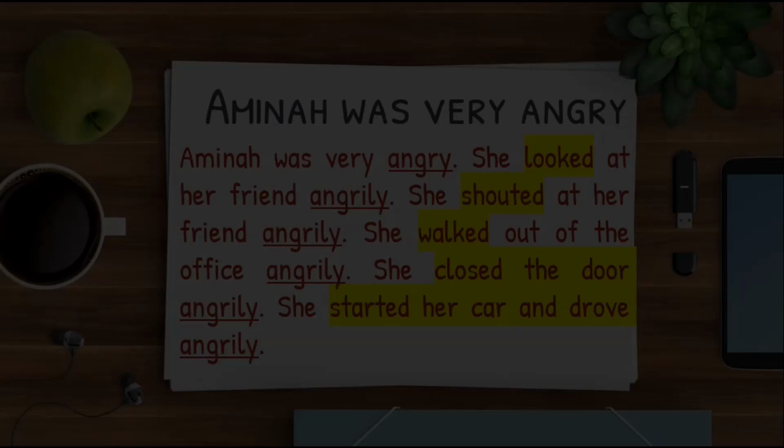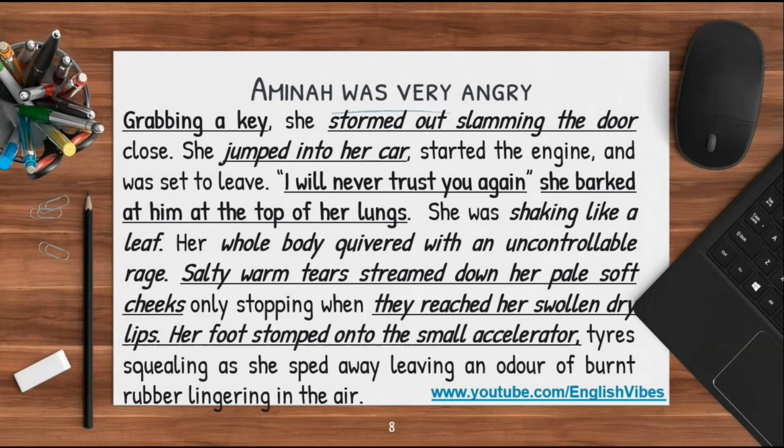Okay, now let me show you an example here. Grabbing a key, she stormed out, slamming the door closed. She jumped into her car, started the engine, and was set to leave. "I will never trust you again," she barked at him at the top of her lungs. She was shaking like a leaf.